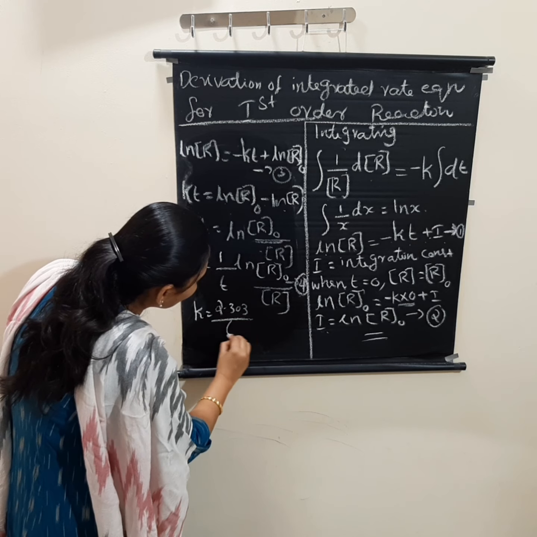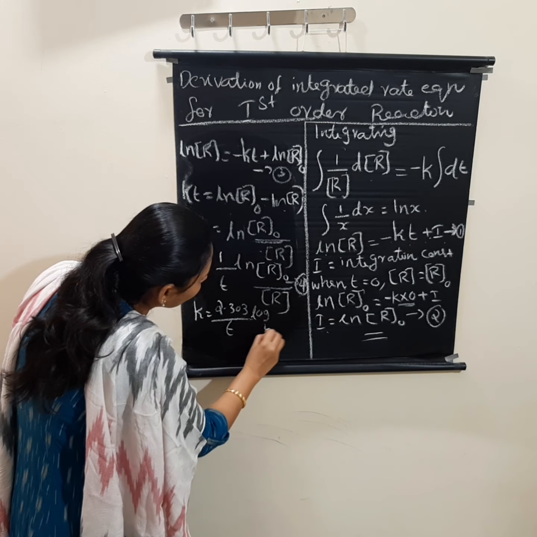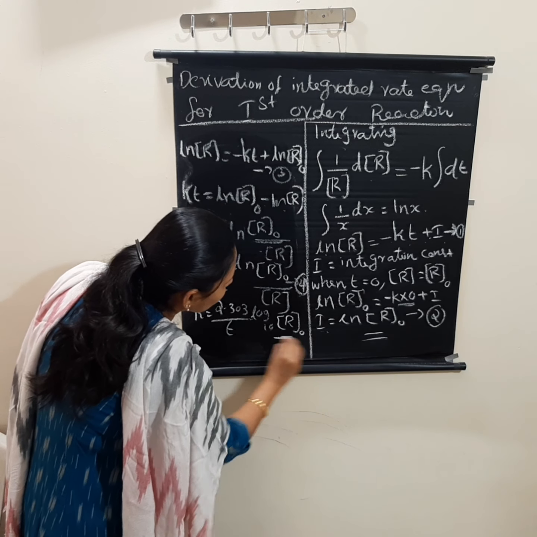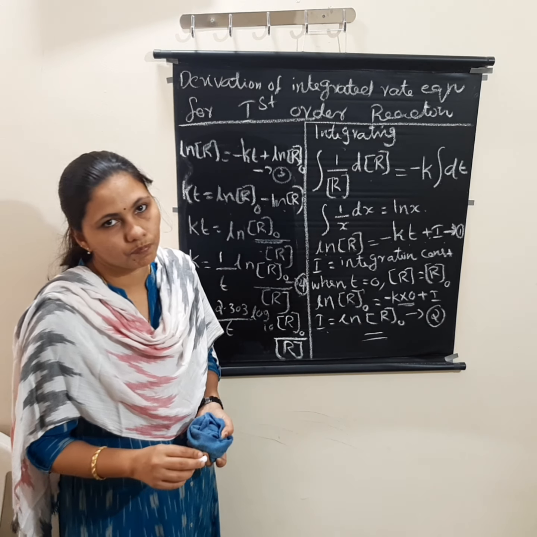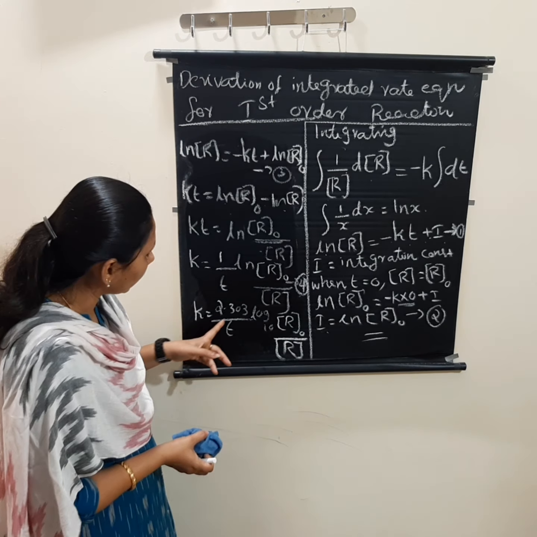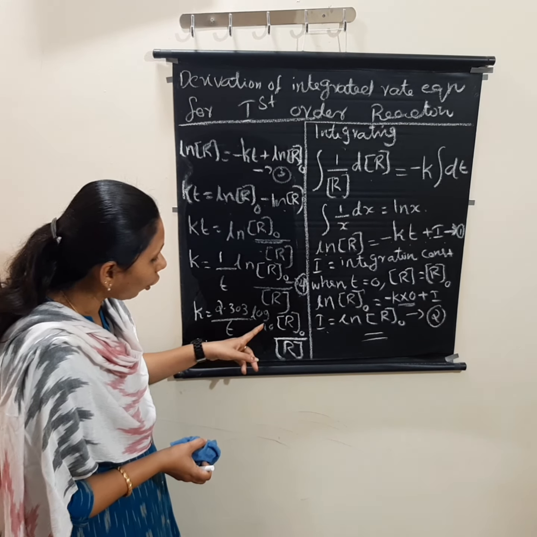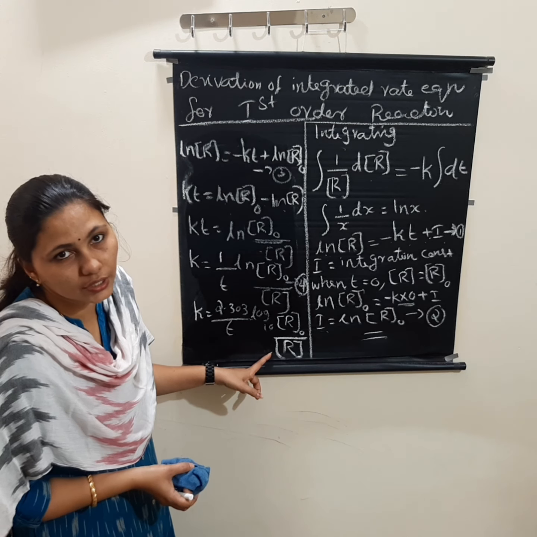So K equal to 2.303 divided by T, log concentration of R0 divided by concentration of R.